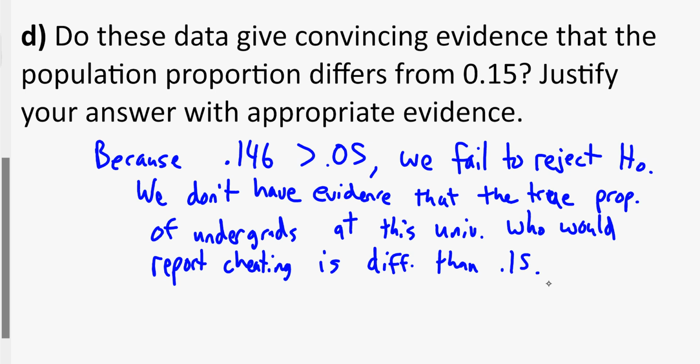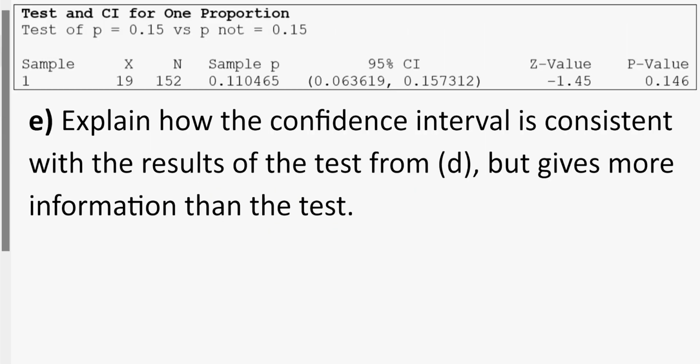And there's our conclusion. So using a Minitab printout for something like this saves you some time in the long run, but we still want to be able to check all those things.